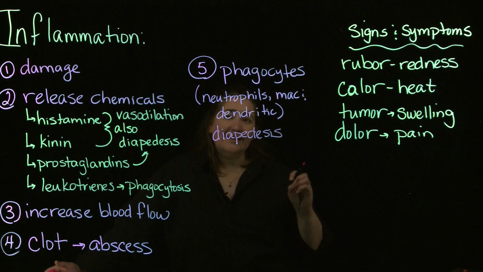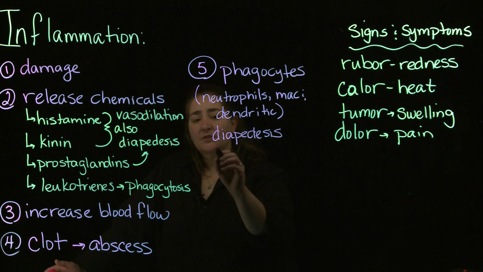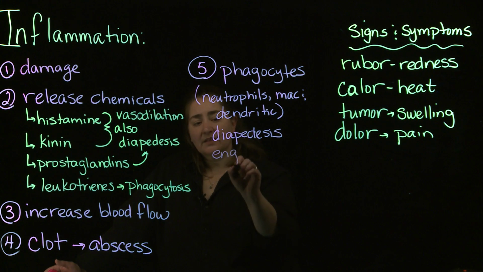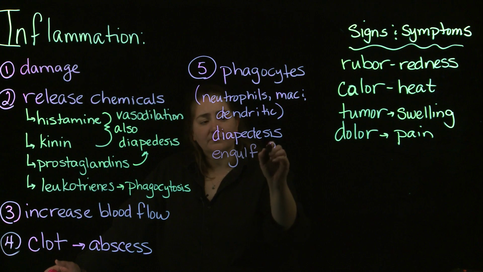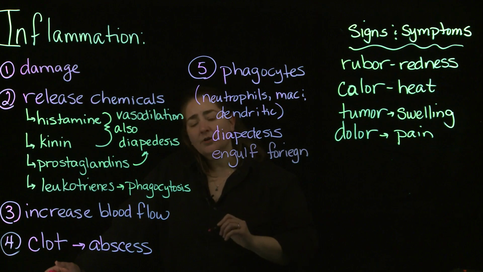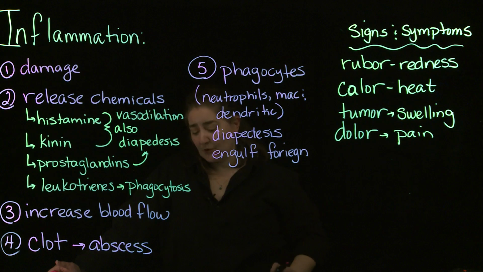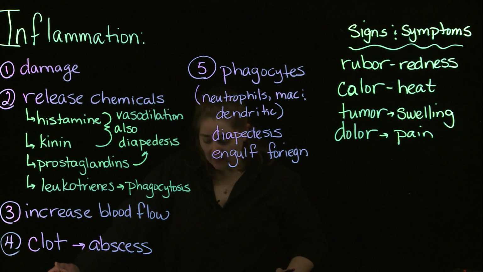They're going to recognize the foreign molecules, and they're going to essentially engulf any foreign particles they come across, whether they be associated with bacteria or if it's associated with something else that came in as part of that initial damage, as part of that wound, okay?